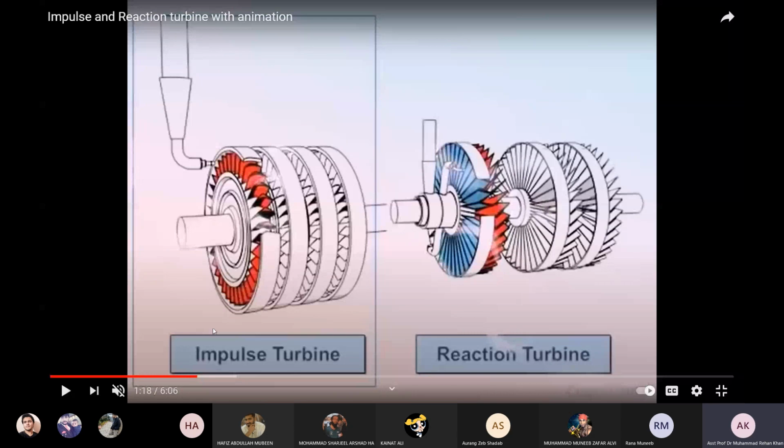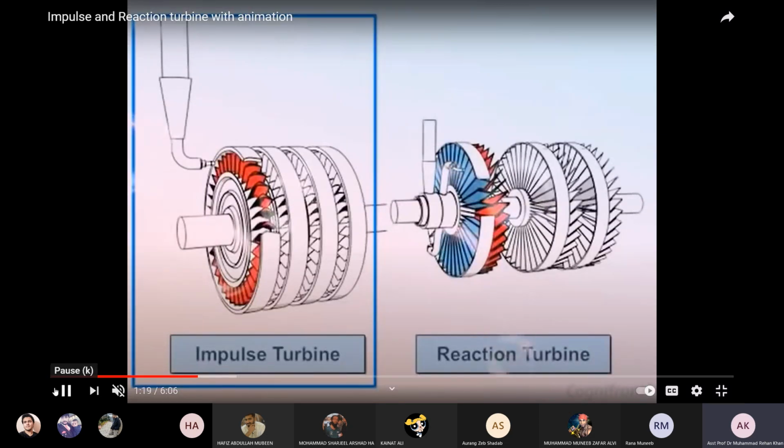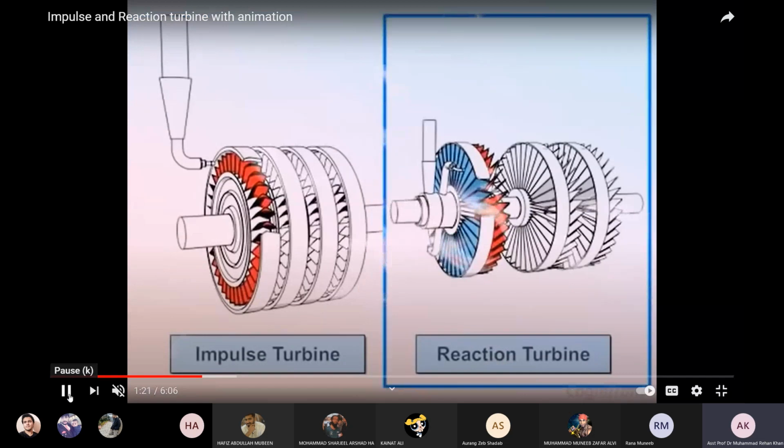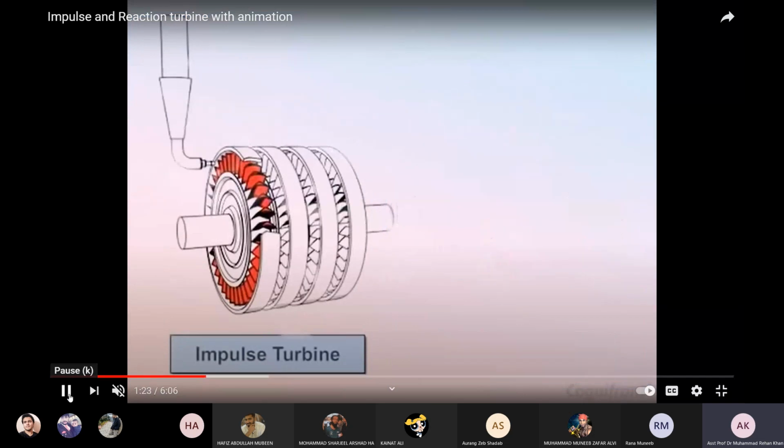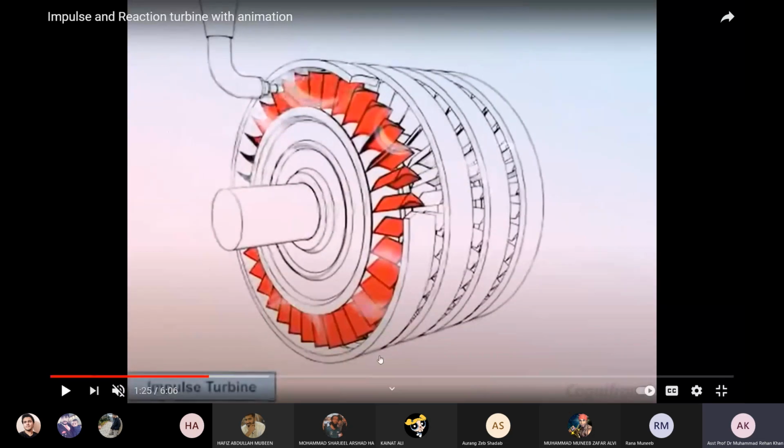Here is an example of an impulse turbine, and this is the reaction turbine. First we will see the impulse turbine. In the impulse turbine, we have the blades. These blades are moving blades, connected to one wheel, or runner, which is connected to the shaft.